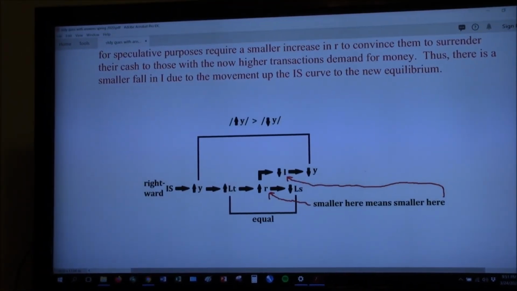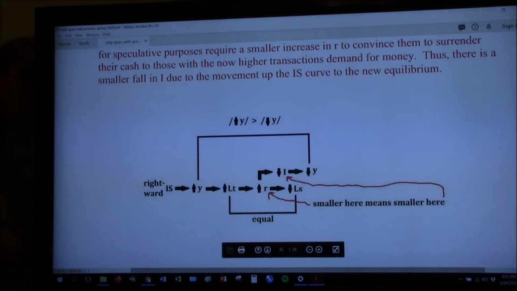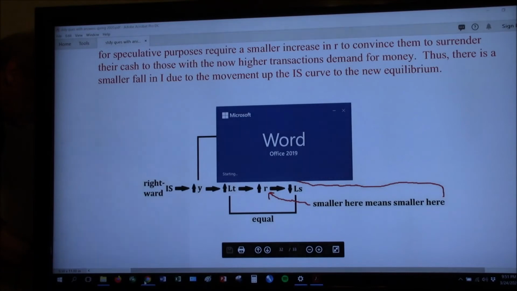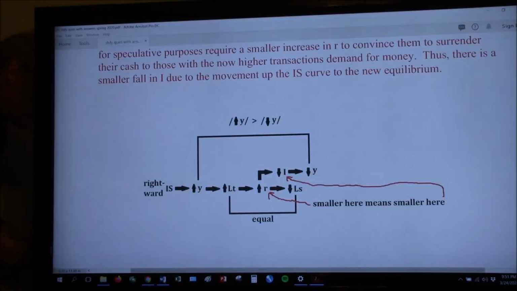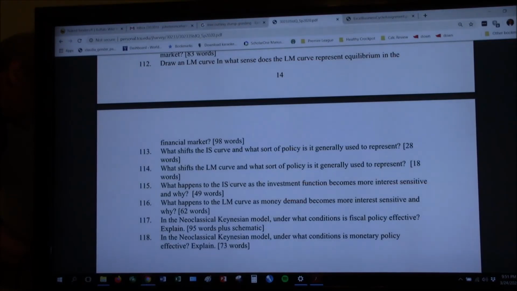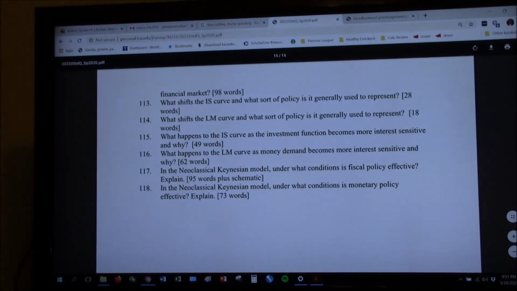The one we just did was 117: In the Neoclassical Keynesian model, under what conditions is fiscal policy effective? Explain. I guess I never read the question to you, did I? When is fiscal policy effective?